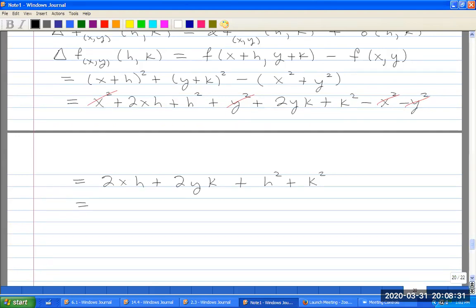And so I can write this as the dot product of (2x, 2y) with (h, k), plus this last term, h squared plus k squared.